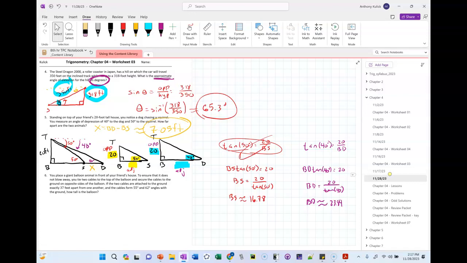Usually when it asks for two angle measures, like 40 and 50, do you have to do two triangles?